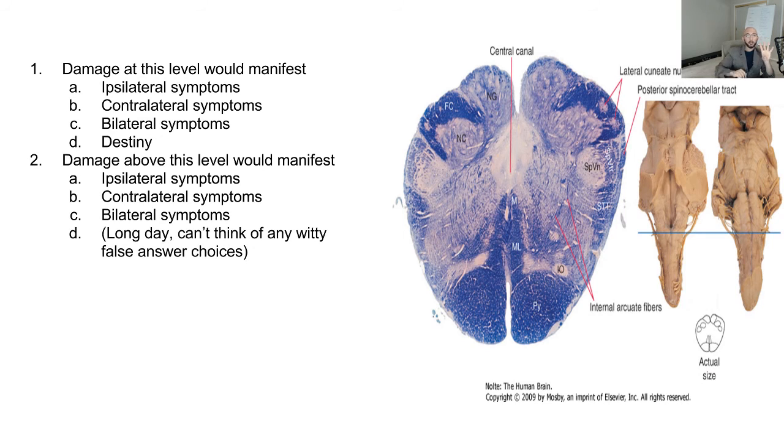So here's another question. If you're getting this, then you're probably quite okay on the ipsilateral, contralateral, bilateral. If we damage above this level now, so here everything's crossing over. If we're above the decussation of the pyramids, above the decussation of the dorsal columns, and we lesion, what type of symptoms do we expect?